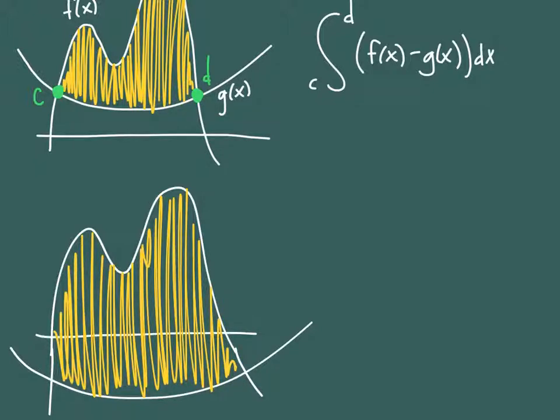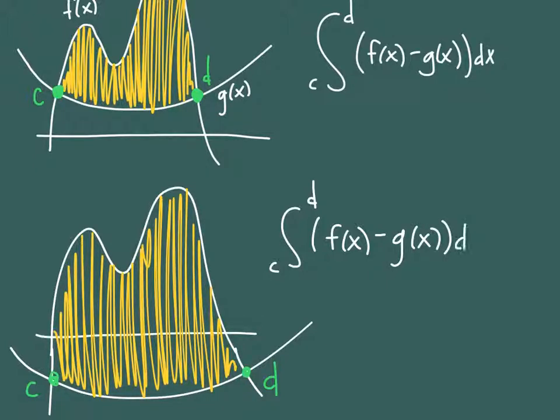You're still going to find the new intersection points of C and D. You're still going to set up your integral going from C to D. And the upper boundary is still formed by f of x, and the lower boundary is still formed by g, even though it's below the x-axis.